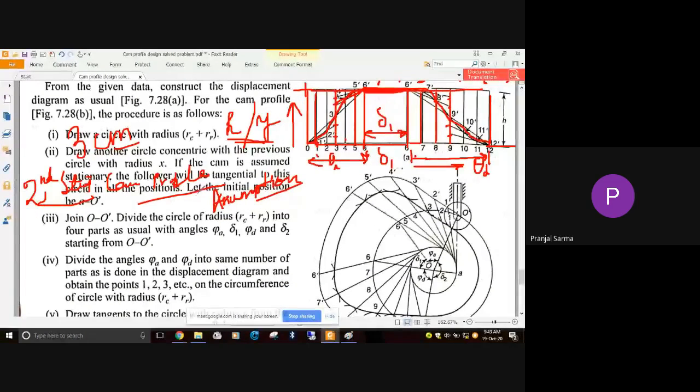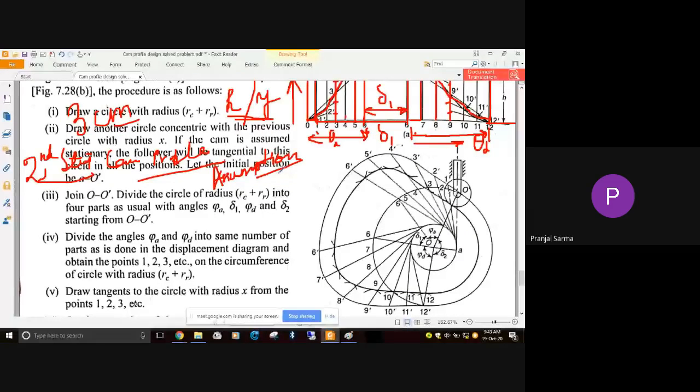And what we have to do first is the radius of the circle. You will write radius of the circle equal to the minimum radius of the cam, that is r suffix c, added with the roller radius. So you have to draw the circle considering rc plus rr.